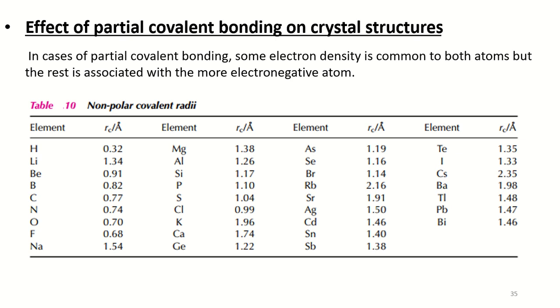The net effect is that an electron pair that would be associated entirely with the anion in a purely ionic structure is displaced to occur between the anion and cation. In cases of partial covalent bonding, some electron density is common to both atoms, but the rest is associated with the more electronegative atom.